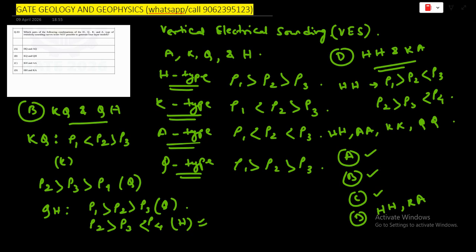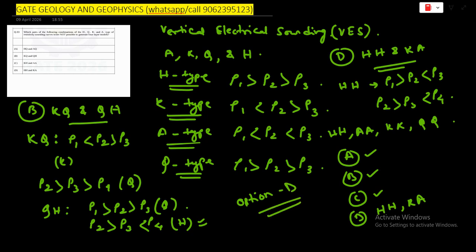Yes, you cannot have an HH curve for a 4-layer model because the definitions of the layers would clash mathematically. It's like trying to bake a cake that is simultaneously all chocolate and no chocolate. So physics says no here. The correct answer for this question will be option D.